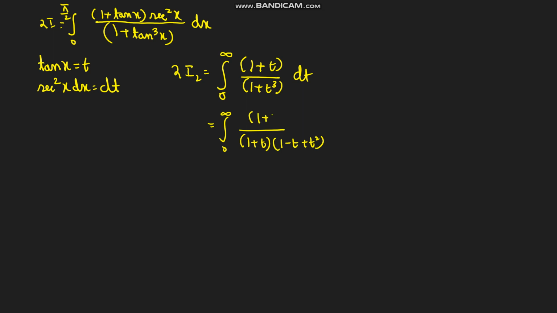So 2I equals the integral from 0 to infinity of 1 plus t by 1 plus t cube dt. We can write 1 plus t cube as 1 plus t times 1 minus t plus t square, and we have 1 plus t in the numerator as well. 1 plus t cancels, and we have the integral from 0 to infinity of 1 by 1 minus t plus t square dt.